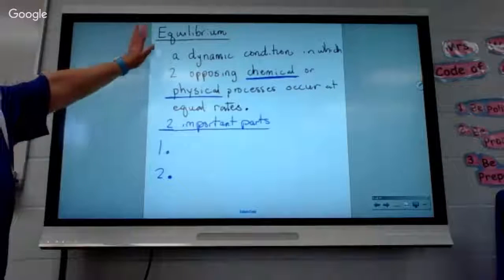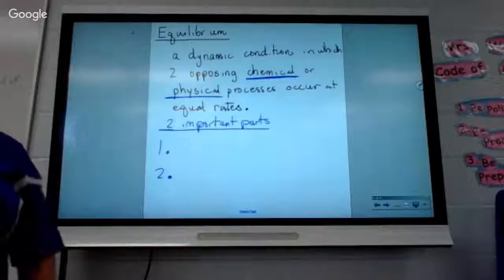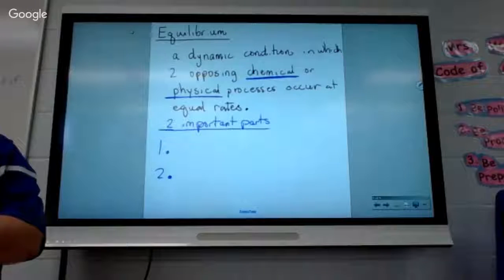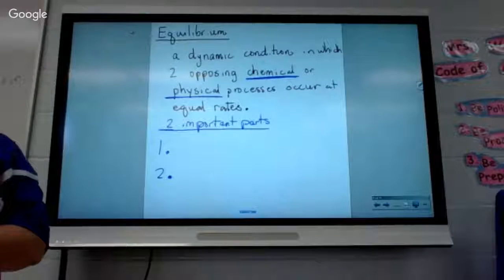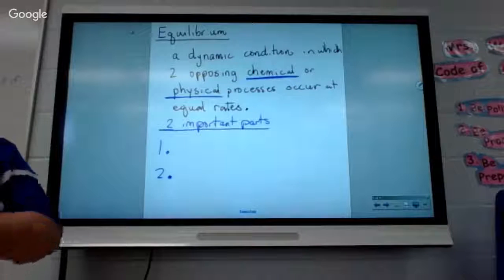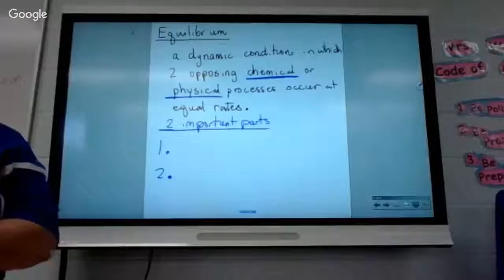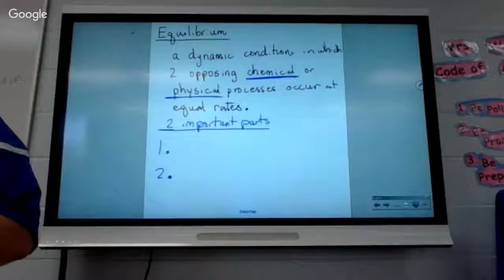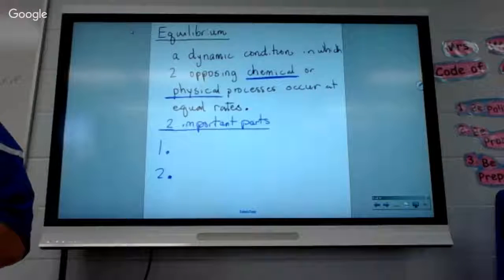All right. So what are my two important pieces here that we're going to have equilibrium in that definition? No, chemical and physical are not it. It will occur either in a physical or chemical process, but that's not it. Equal rates. What about opposing? How many? 2.